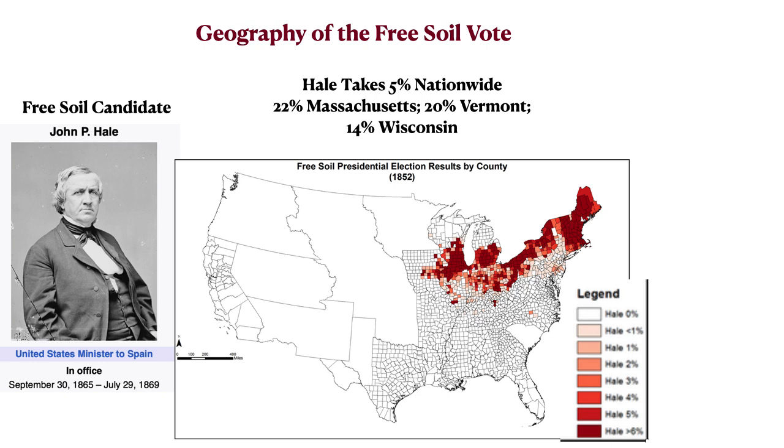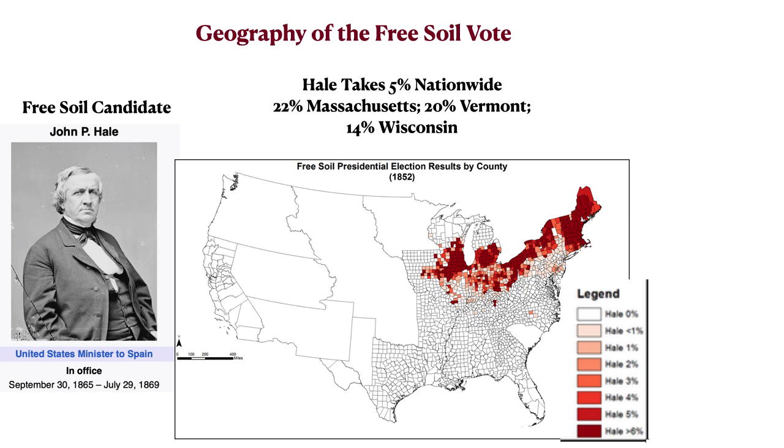The highest category on the map is only 6%, but their candidate, John Hale, took only 5% nationwide, but he took 22% of the vote in Massachusetts, 20% in Vermont, 14% in the relatively new state of Wisconsin.